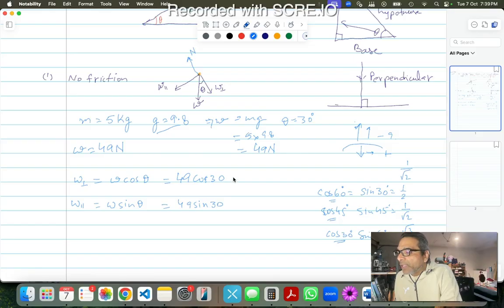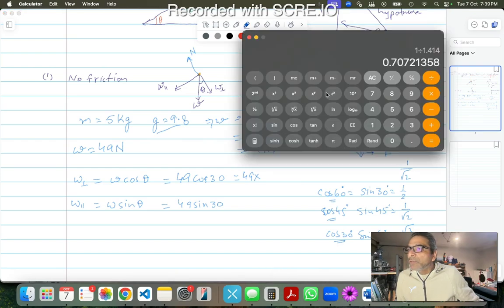Okay, so now for cos 30, the perpendicular one will be 49 into, what was the value? Where is the calculator? Cos 60 equals 1 by 2. No, we are looking for cos 30.